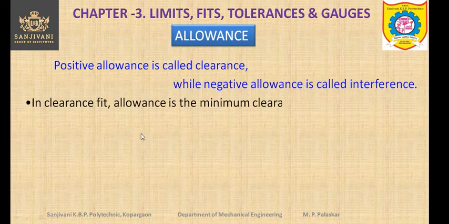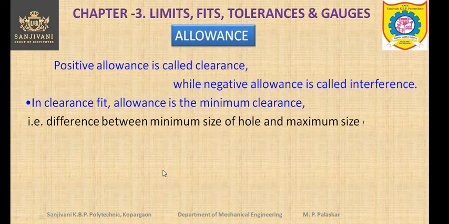In clearance fit, allowance is the minimum clearance. It is the difference between the minimum size of hole and the maximum size of shaft. When this difference is positive, then we say the allowance is positive and the fit is clearance.